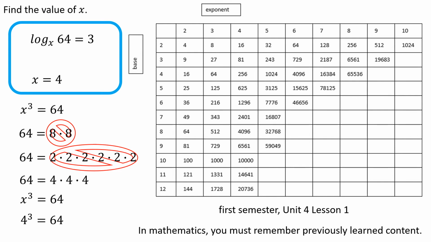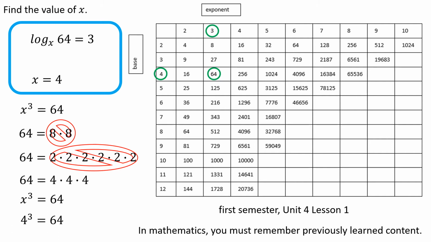So, if I know that my exponent is a 3 and I want a value of 64, I can use the table and see that the base is 4, right? 4 to the 3rd power is 64.